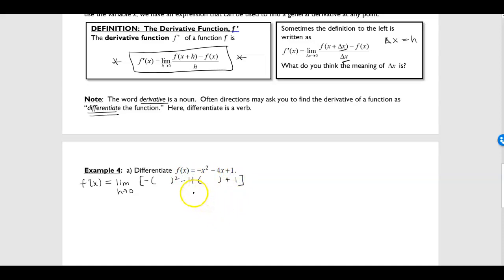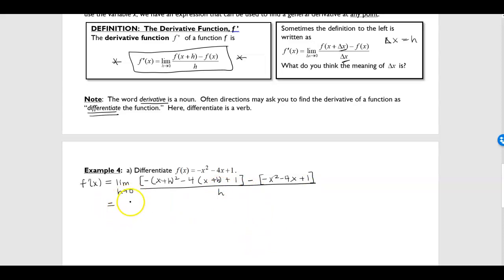Since this is f of x plus h, then I'm just going to put x plus h in the parentheses. So notice wherever there was an x, I'm replacing it with an x plus h, and I'm subtracting f of x. And so I can just rewrite what my function was, all over h.